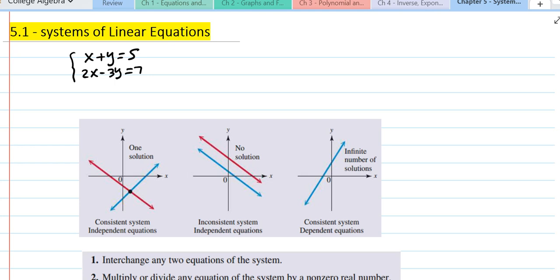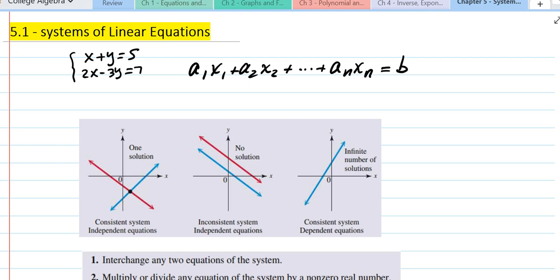So what I have here is a system of linear equations where I have two equations and two unknowns in this case. Our linear systems, the ones that we take on in this chapter, are typically in the form of a1x1 plus a2x2 and so on, plus a sub n x sub n, equal to a constant.